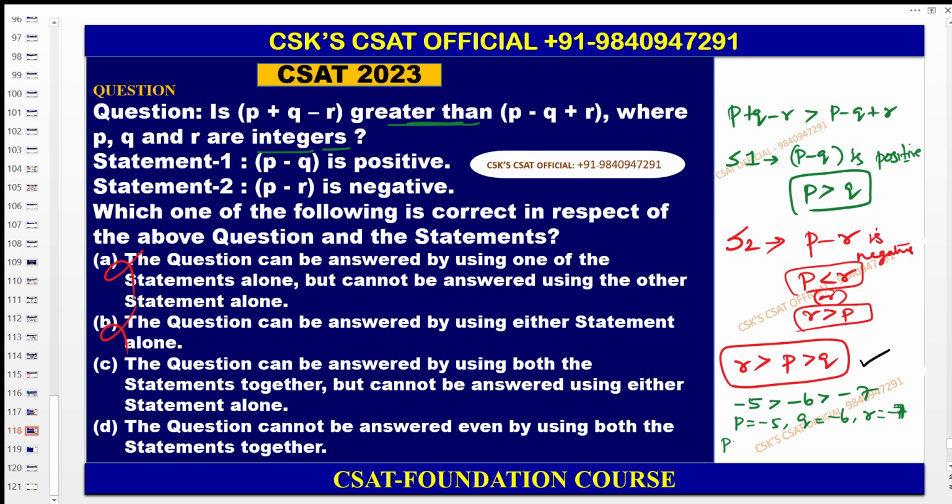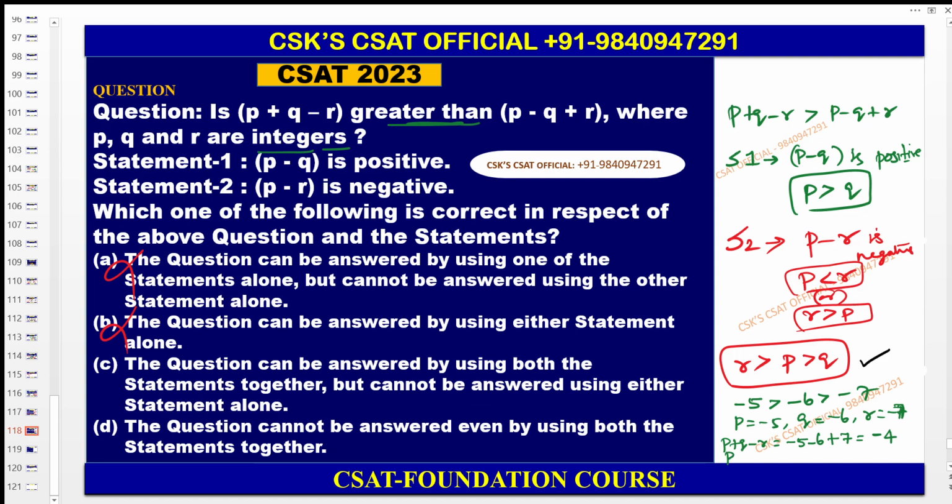Now apply this one: P plus Q minus R. Apply this one quickly. Minus 5, minus 6, then plus 7, right? Then it becomes minus 11 plus 7, which is minus 4.